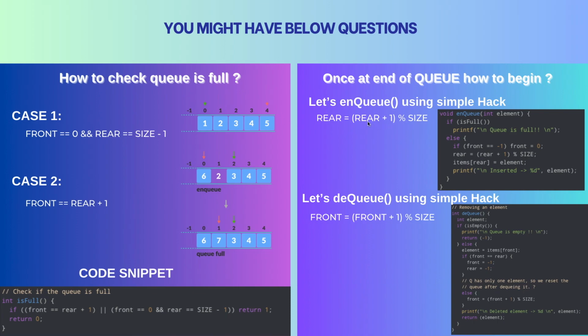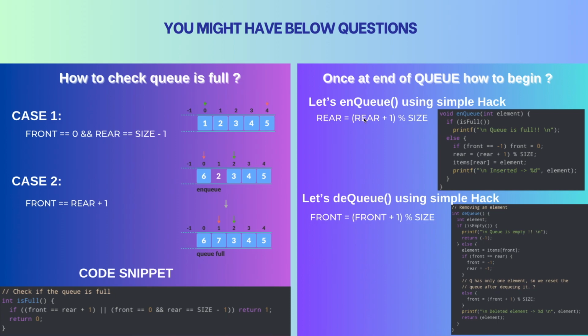Because at the end of the queue we just need to forward our rear pointer to the beginning of the queue. So let's suppose we have reached 0, 1, 2, 3 and 4, the end of the queue. What would be the position of the rear? 4. So 4 plus 1 would be 5. 5 modulo size 5, so 5 modulo 5 would be 0. So again our rear pointer will point to 0 position.